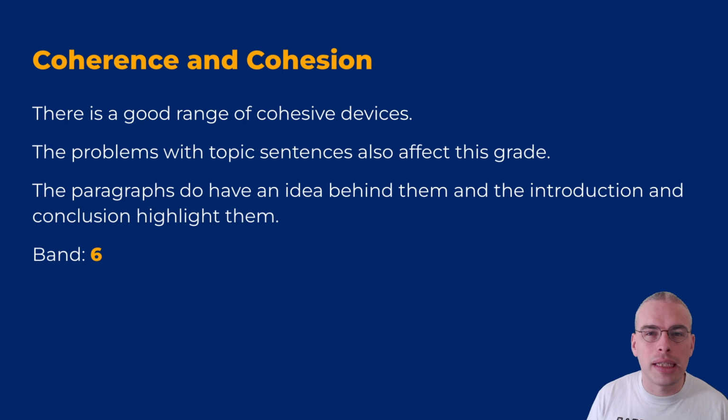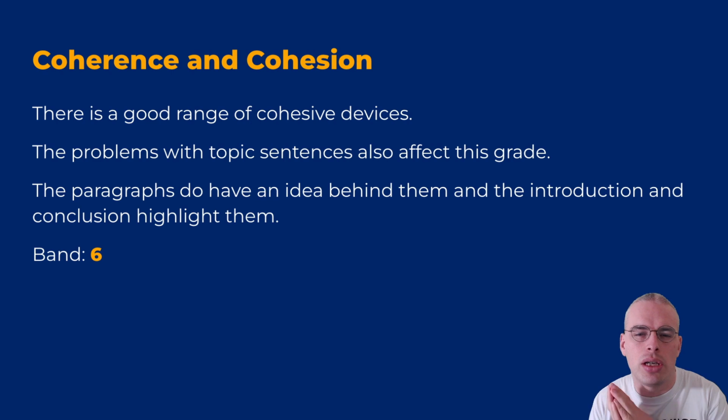So overall, I said they've definitely tried to use cohesive devices. As I said before, the problems with paragraphing will also affect the coherence and cohesion grade because the paragraphs don't have as strong an idea at the core of them as they could. Like I said, the paragraphs do have an idea there, and they also do a good job of linking the body paragraphs into the introduction and the conclusion, which is something everyone should be trying to do in their IELTS essay.